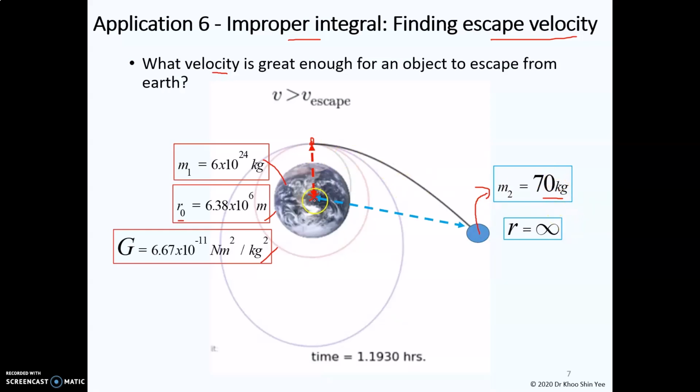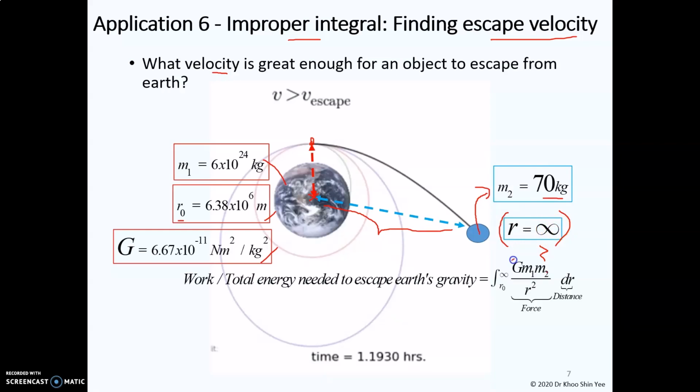So when you escape from the Earth, when you measure the distance from the center of the Earth, it should be great enough, in such a way that the object can escape. In this case, we are not sure how much is considered big enough, therefore we put infinity. The gravitational force between mass 1 and mass 2 is given by this formula.